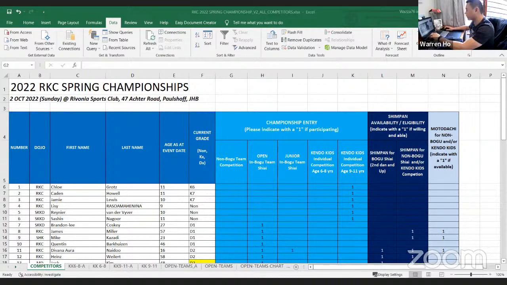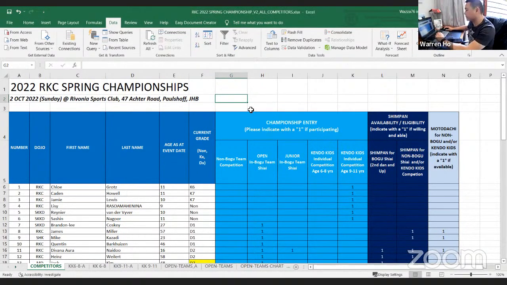My computer decided to crash. Okay, you guys can see this. I'm assuming that you can see my screen over here.